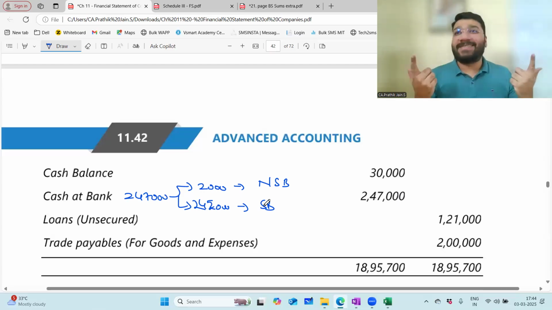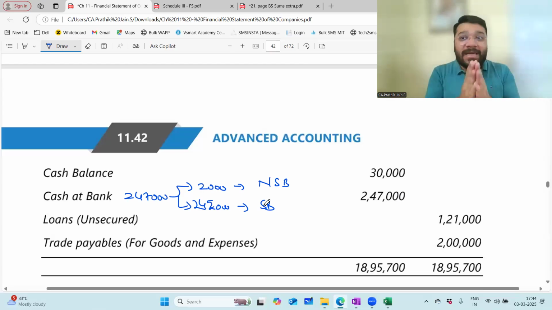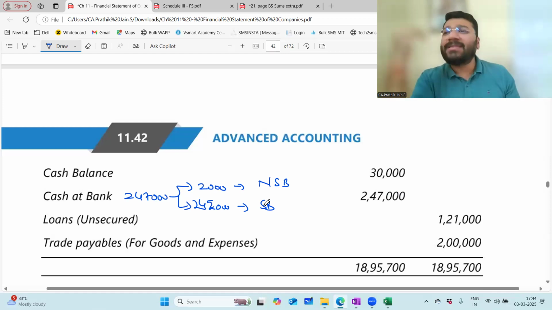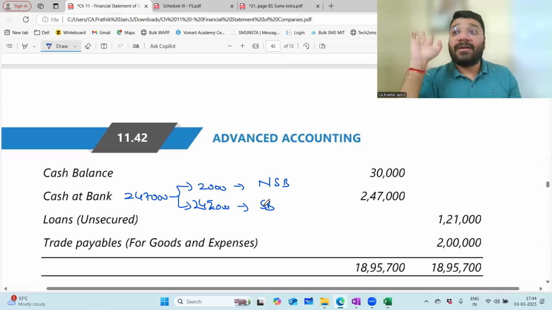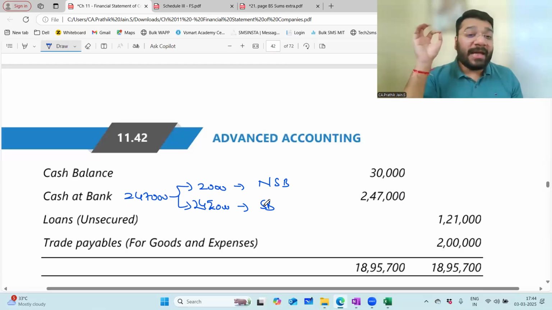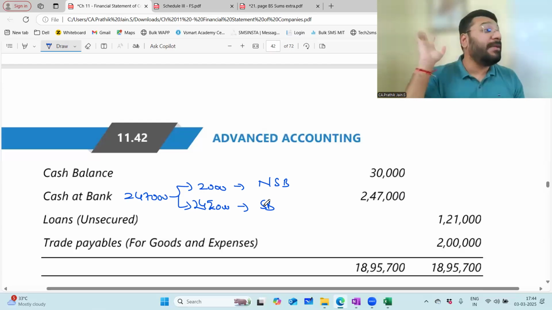Hence it is important to segregate and show how much money is in scheduled banks and how much is in non-scheduled banks. All your regular banks, HDFC, Axis, SBI, the common ones, are scheduled banks, which come under RBI. But if there is anything in a non-scheduled bank, you have to be very, very careful, and Schedule 3 tells you to disclose that information separately.